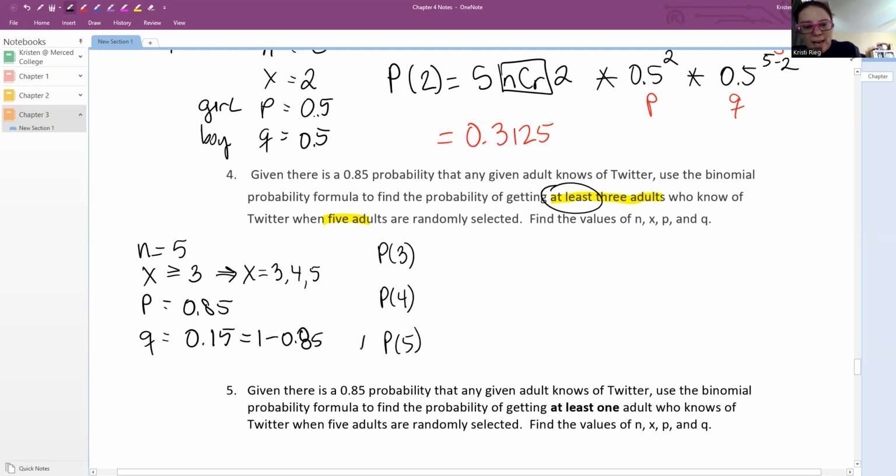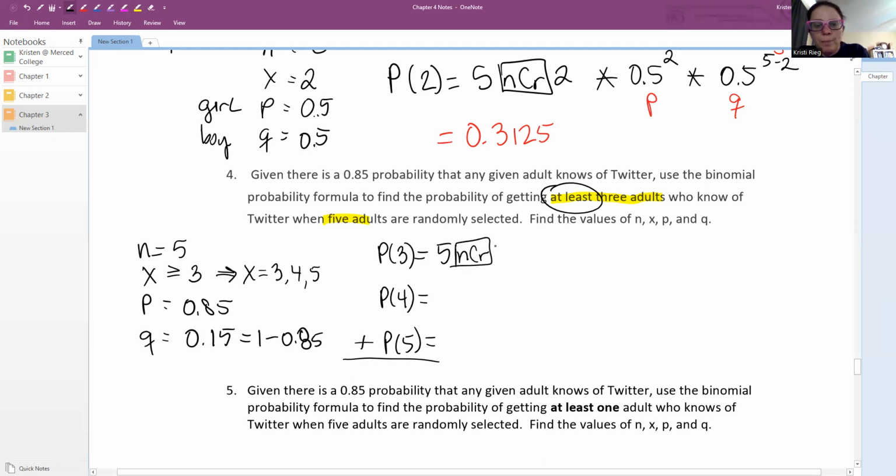And then we're going to add those answers up, and we're going to get our final answer. The good news is with your calculator, you can usually copy a lot of the work and not have to type it all in. Now, there's going to be completely different answers, but you shouldn't have to type everything in from scratch.